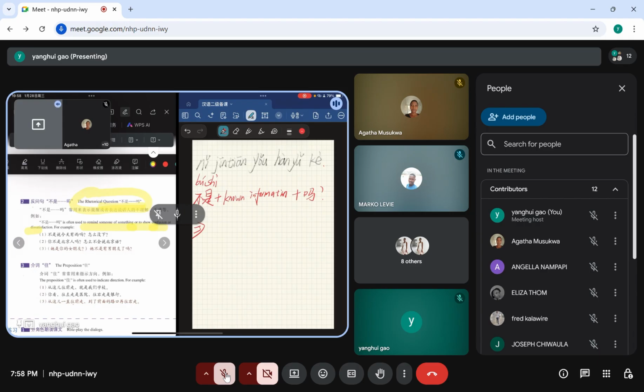你今天有汉语课. 有 is a verb, have. We can put the 不是 before the verb.